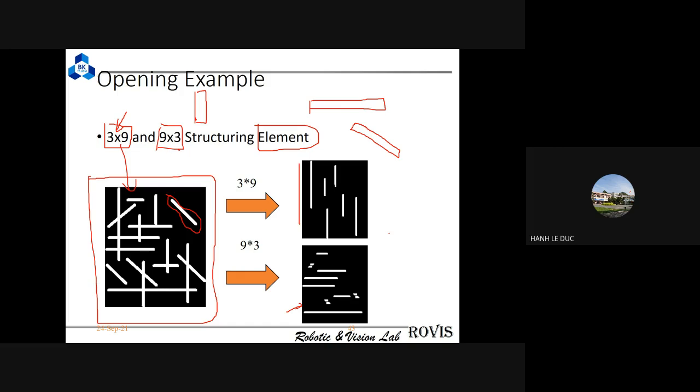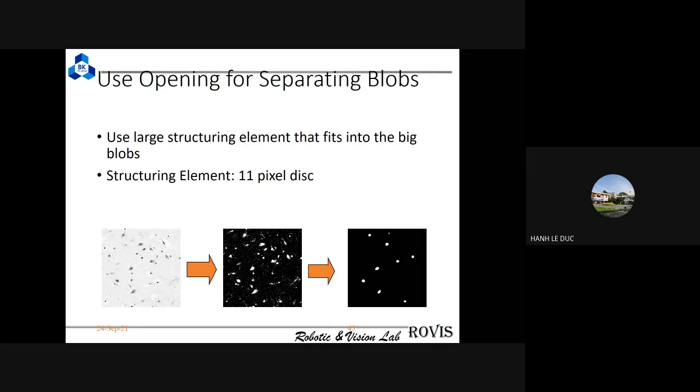This is also a very simple kind of symbol image recognition. And here is another example: you can apply a circle structuring element and recognize some big circles like this, right here.